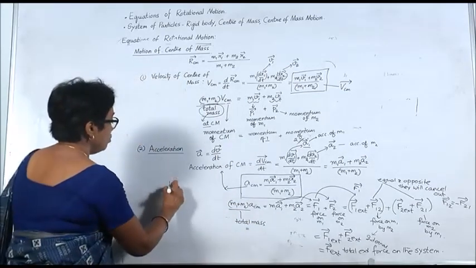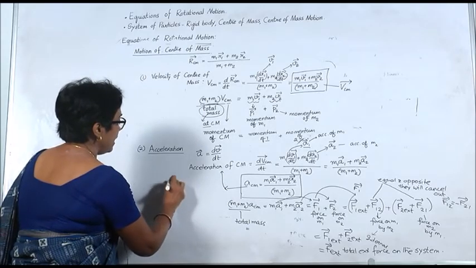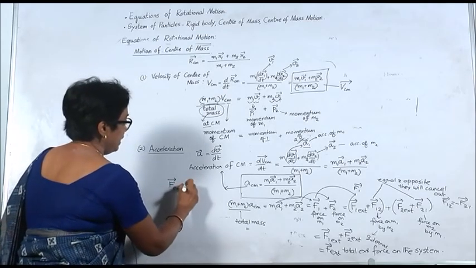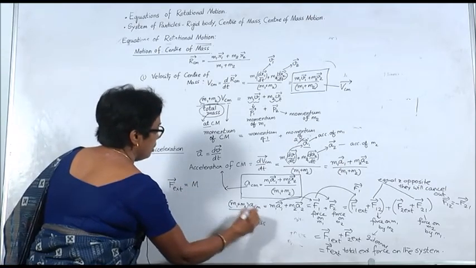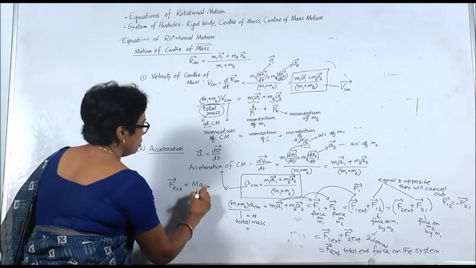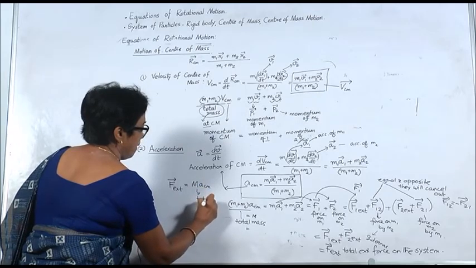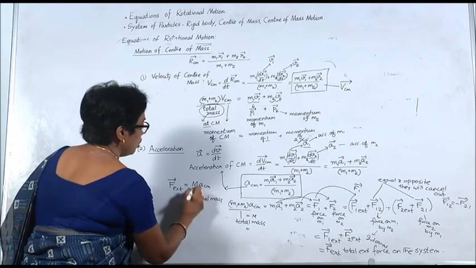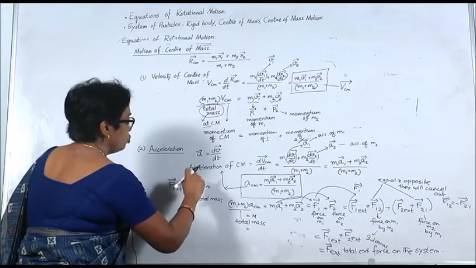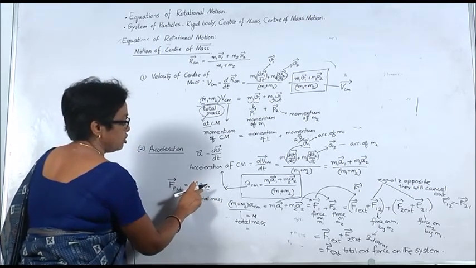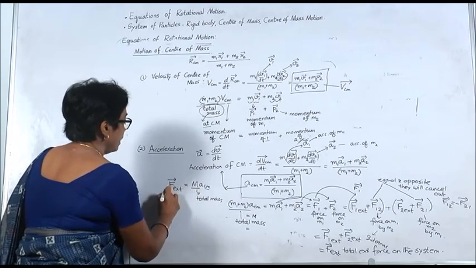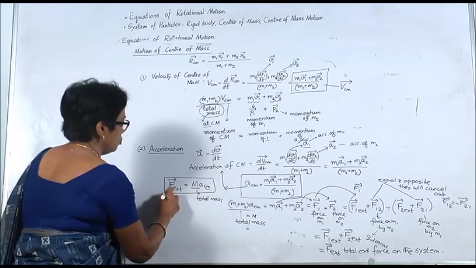The entire external force on the system is equal to the total mass, capital M, into a center of mass. This is the total mass. Consider that the total mass is placed at the center of mass, and if the acceleration of that point is ACM, then the external force F is equal to mass into acceleration.